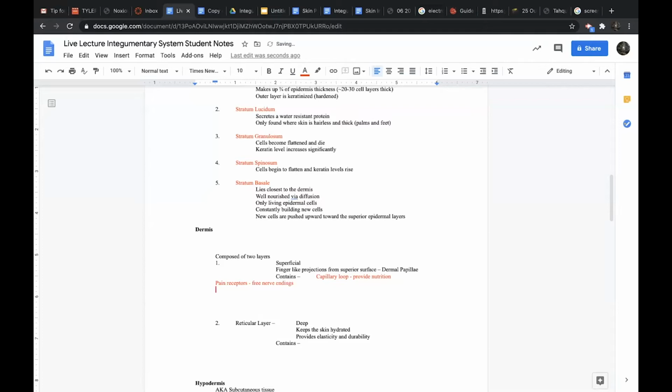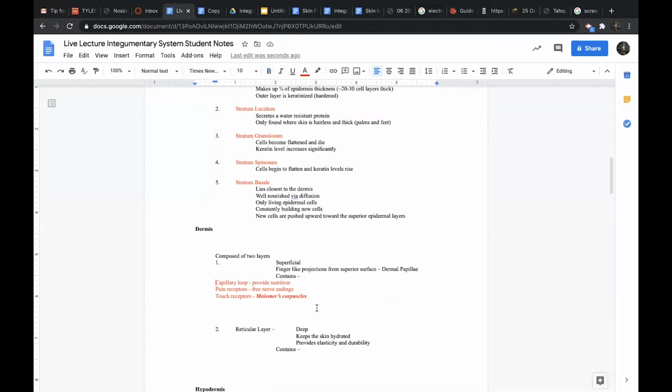The other thing is it has touch receptors. Those are called Meissner's corpuscles. So that's the name of touch receptors. And then additionally are the sweat pores. So that is it for the superficial layer, and we also call that the papillary layer.